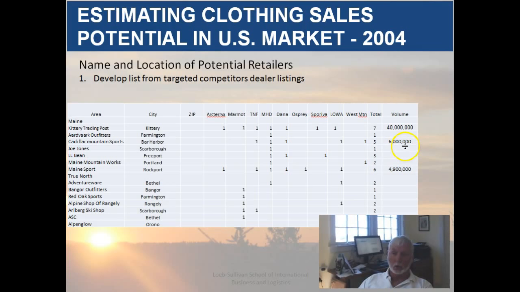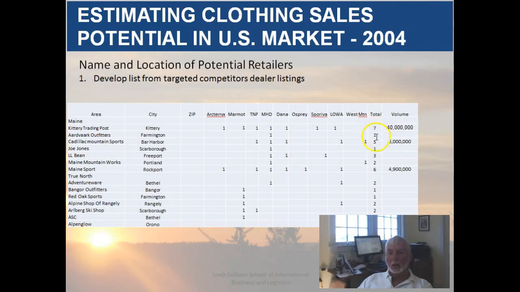Cadillac Mountain Sports was doing 6 million, Maine Sport 5 million, and Alpenglow in Orono was under a million, and the rest were well under a million. So there was nobody else in Maine. The only three targets that met my criteria of $1 million or more in sales were these three. So I had three potential targets.